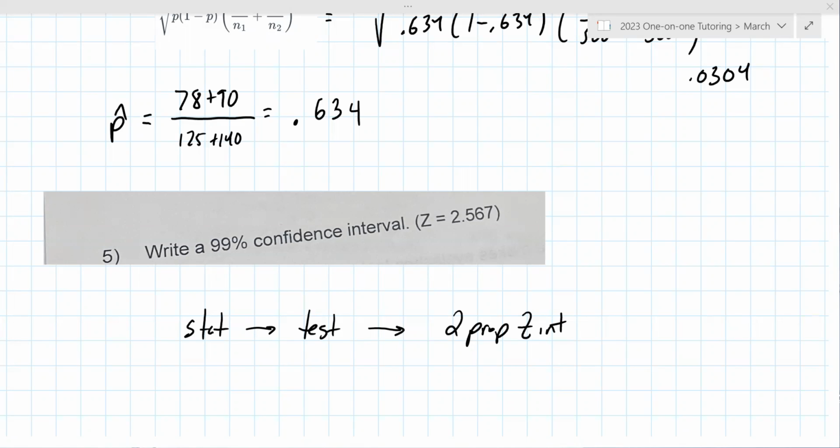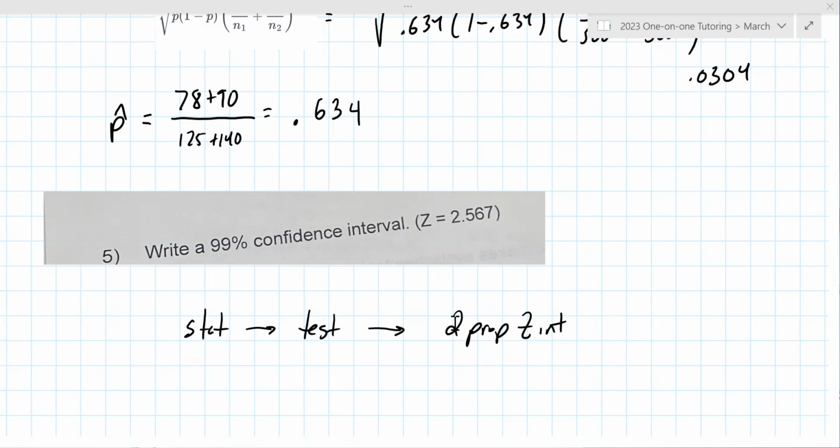For p, I got 0.75. We need the interval, 2 proportions, the interval. It didn't give me the interval.